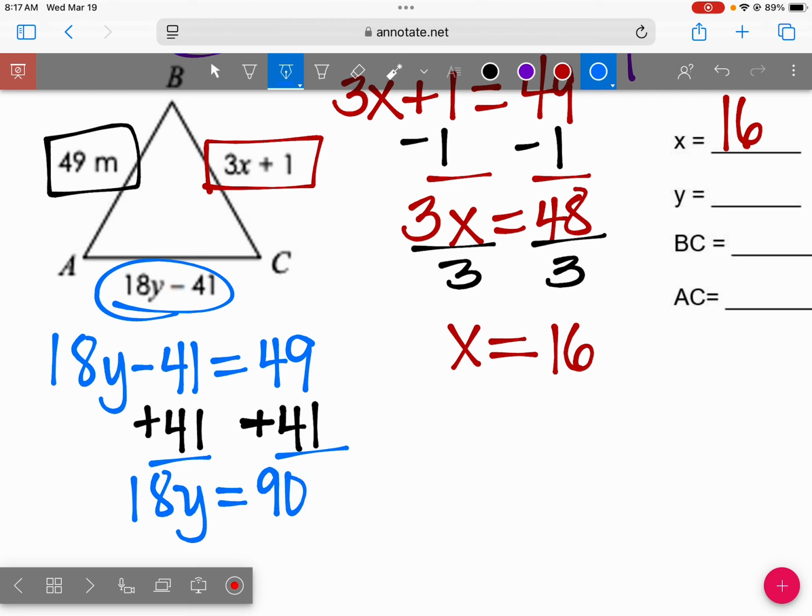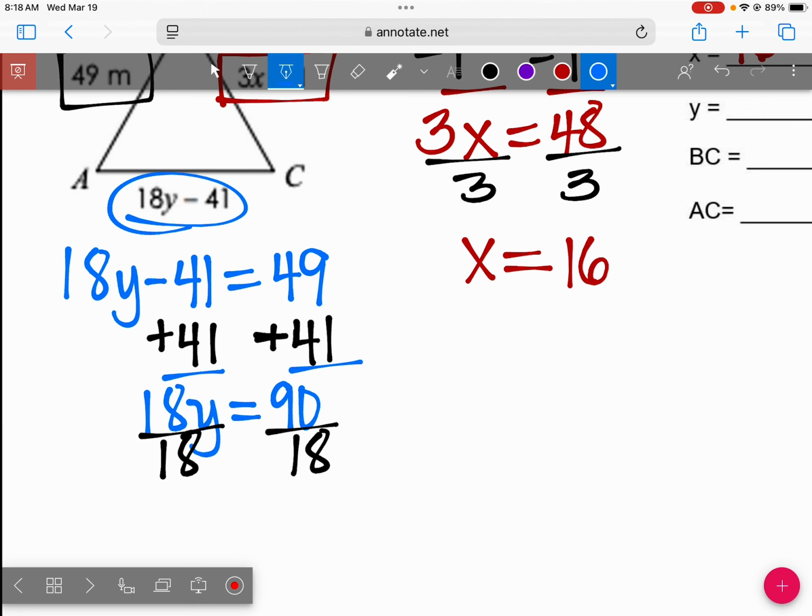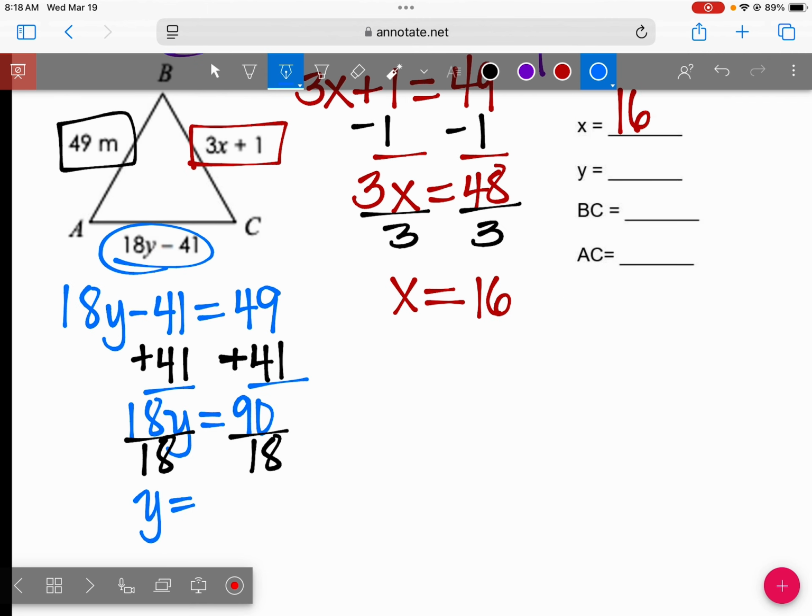That should give you 90. Divide both sides by 18. So 90 divided by 18. What did you all get? 5. Who got 5? Okay, so now let's go ahead and find the other two sides.